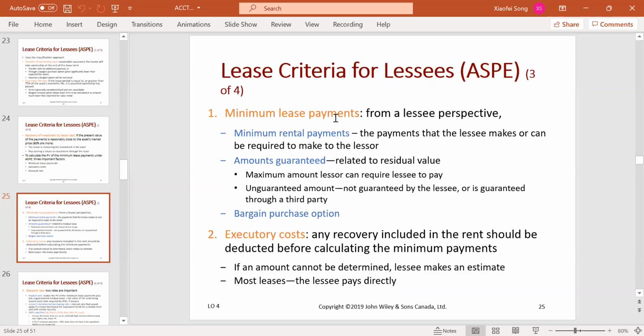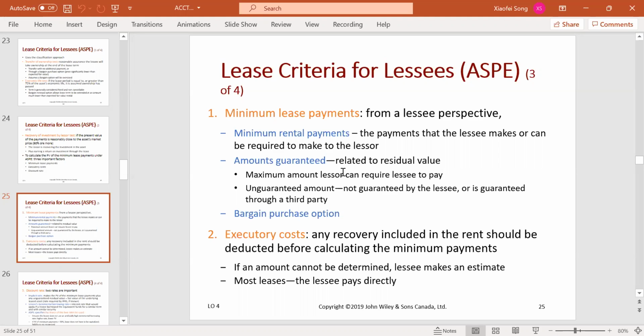So minimum lease payments include the rent and the amount guaranteed, if the property is returned to lessor at the end of the term. We'll talk more about residual value later on, but at this point, this is enough.